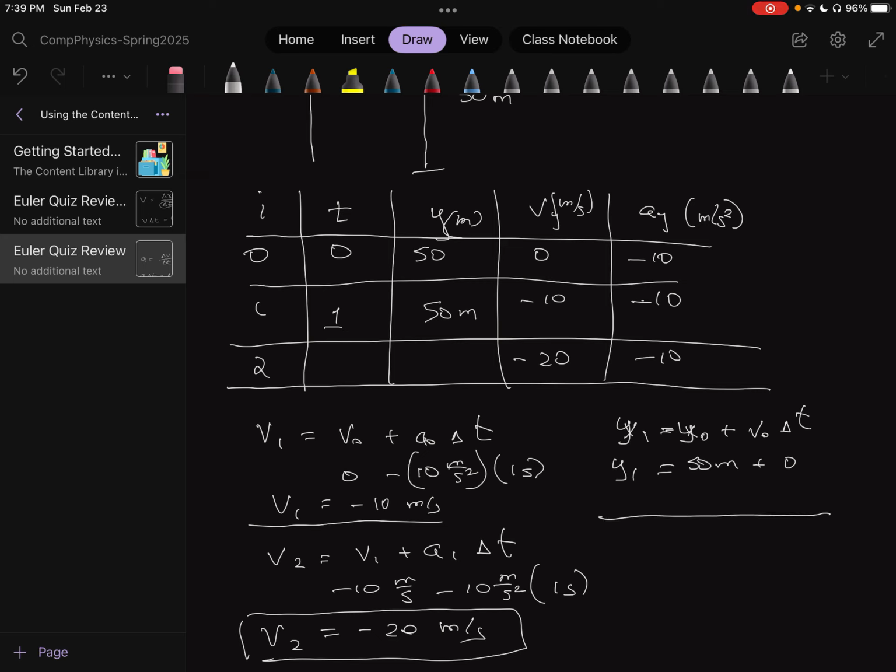Okay, and then y2 is going to be y1 plus v1 delta t. So y1 is 50 meters, v1 is negative 10 meters per second, and my delta t is 1 second. So 50 minus 10, my position after 1 second would be 40.